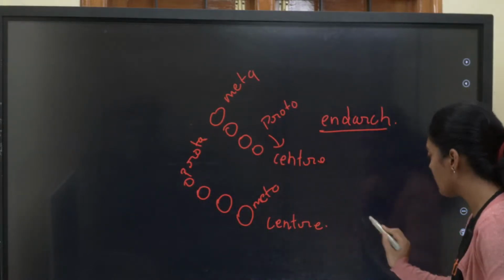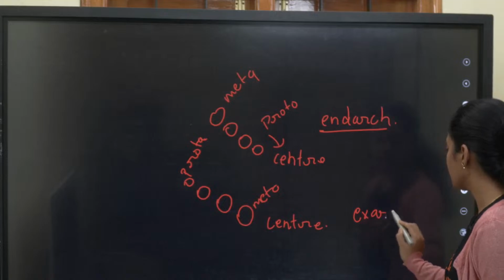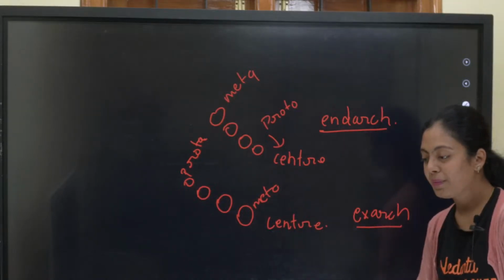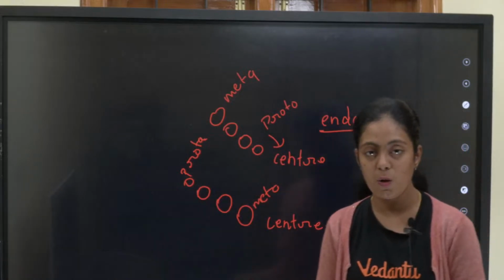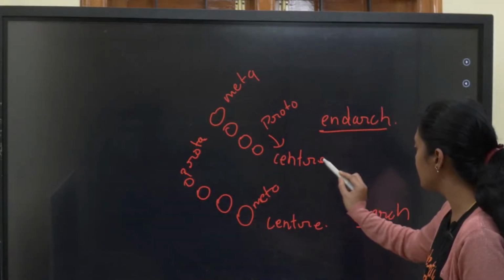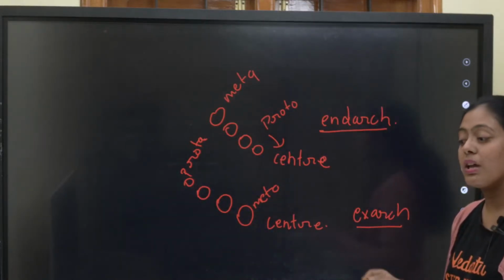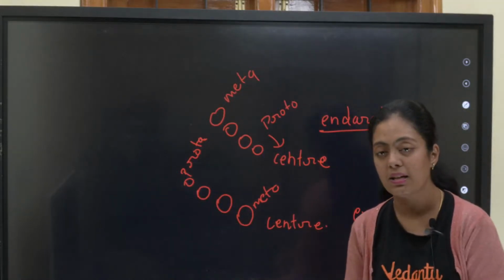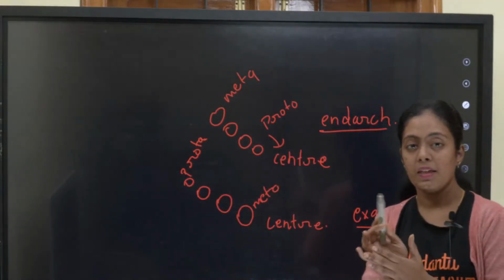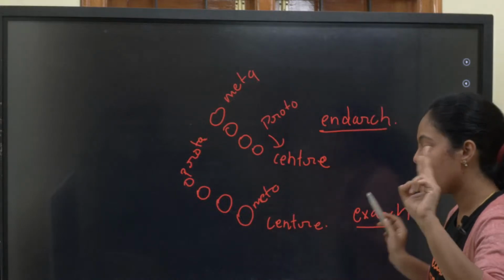If my meta is towards the center, I call it exarch. Many people get confused by this concept. Protoxylem is the first formed xylem. If the protoxylem is towards the center, it is endarch. If the metaxylem is towards the center, it is exarch. Is it clear? Any doubts? Can I get a victory sign if everything is clear?